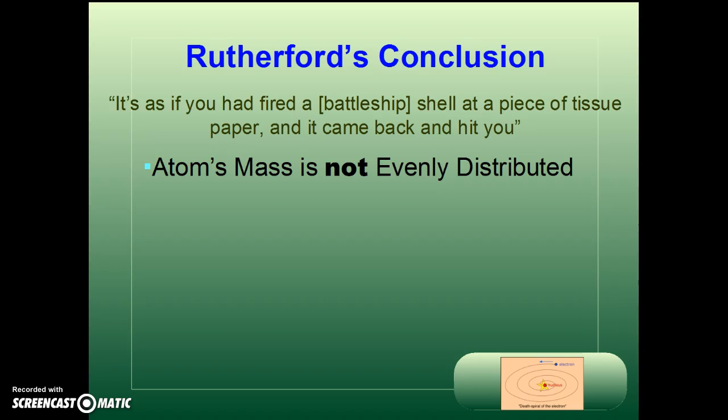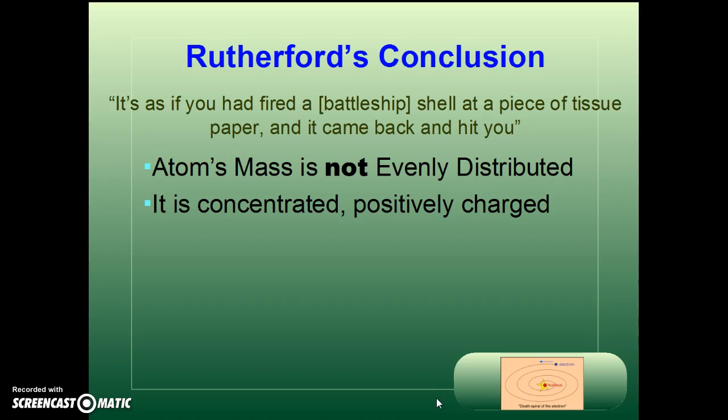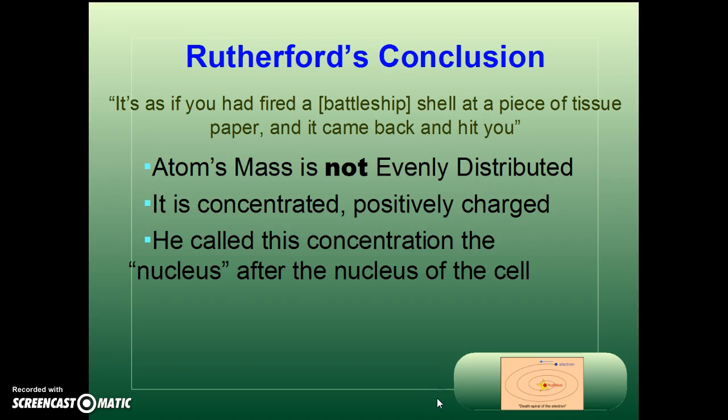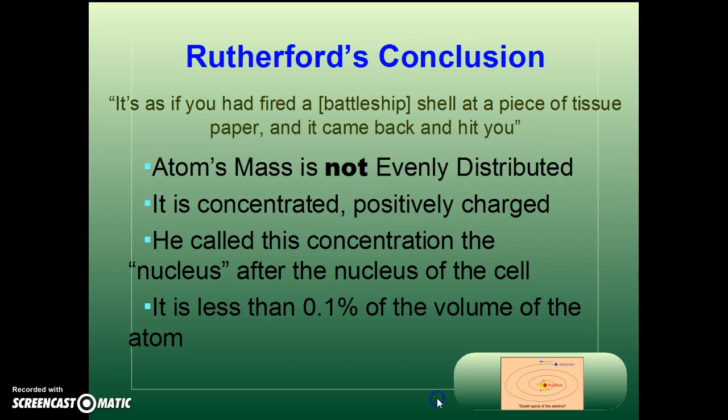The atom's mass then is not evenly distributed throughout it as Thomson thought, but rather concentrated, positively charged, because the alpha particles, which are positively charged, were repelled by this massive, tiny volume of the atom. He called this concentration of mass and charge the nucleus, and he named it after the nucleus of the biological cell, and found that it is less than 0.1% of the volume of the atom. It's an extremely small part of the atom.